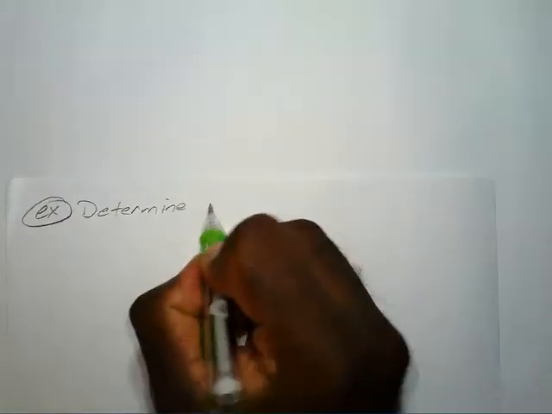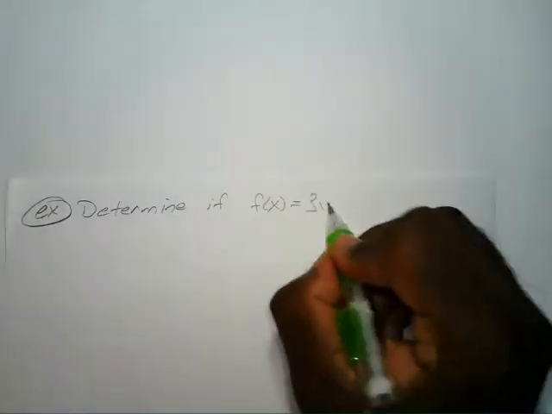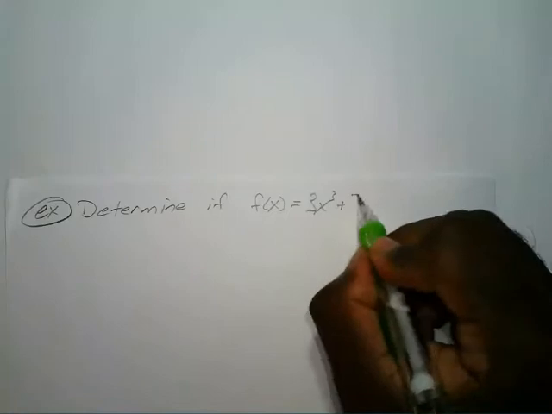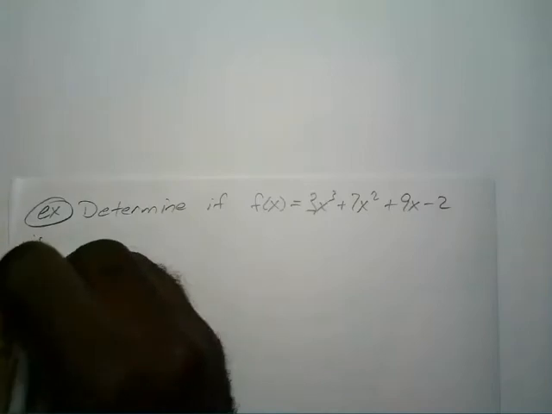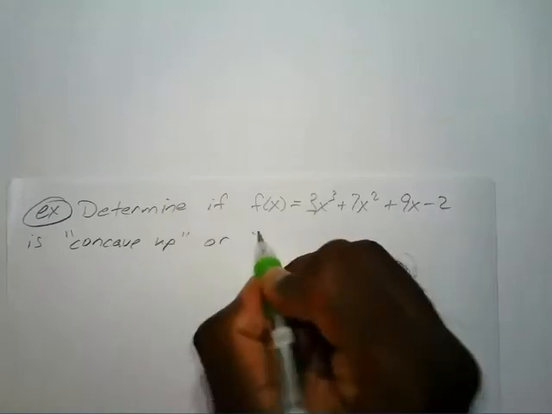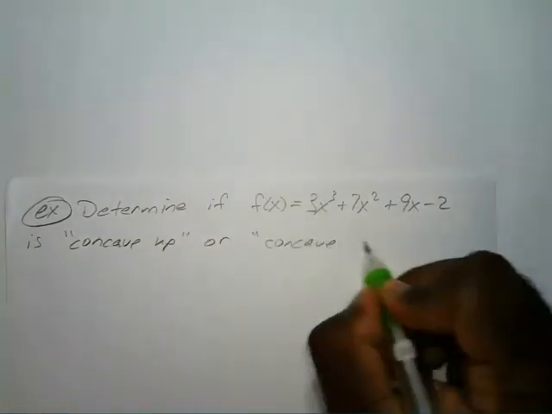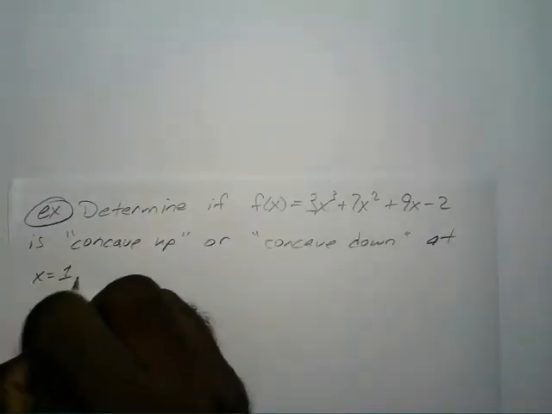Okay, so let's say for this example, we want to determine if f of x equals 3x to the third power plus 7x squared plus 9x minus 2 is concave up or concave down at x equals 1.